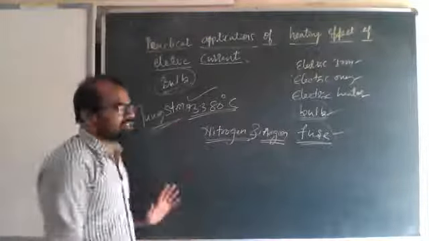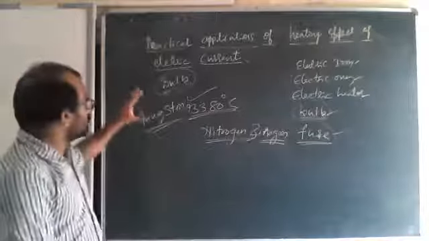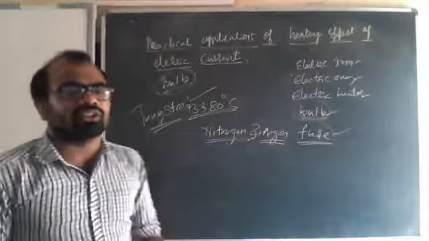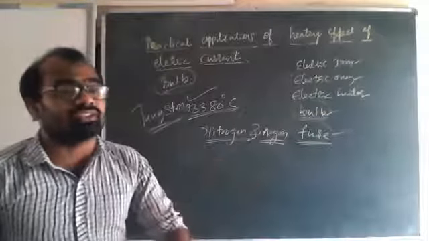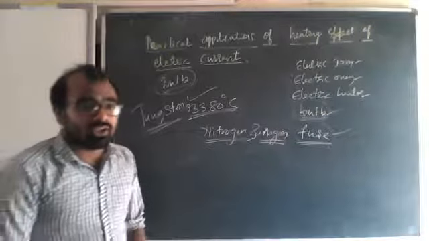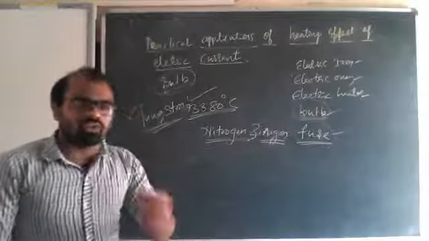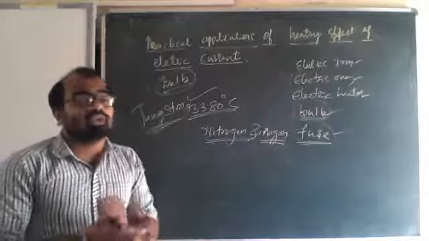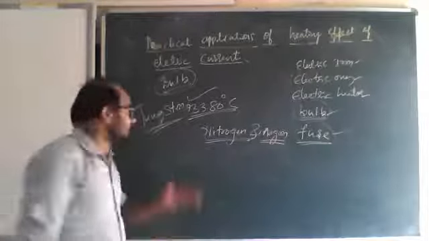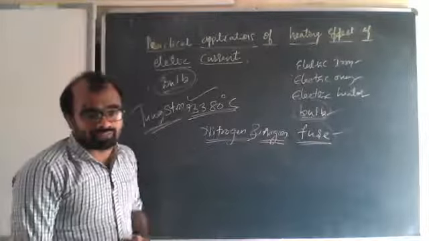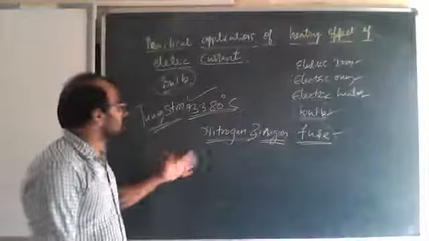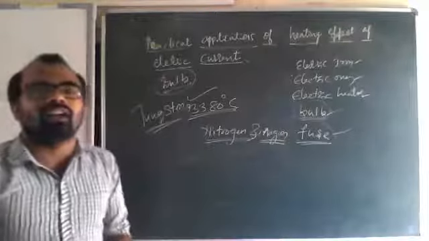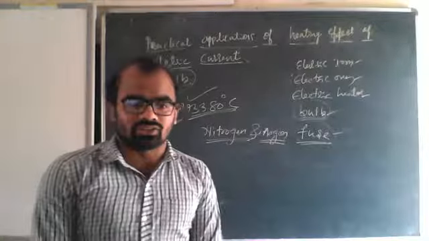Tungsten remains tungsten and produces heat energy and light energy. If nitrogen and argon are not filled, oxygen enters the bulb, the tungsten reacts with oxygen and becomes tungsten oxide, so it will not conduct electric current properly. That is why nitrogen and argon are filled.